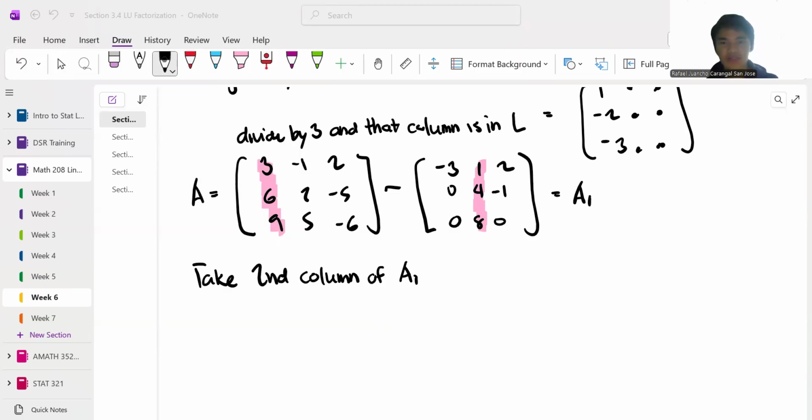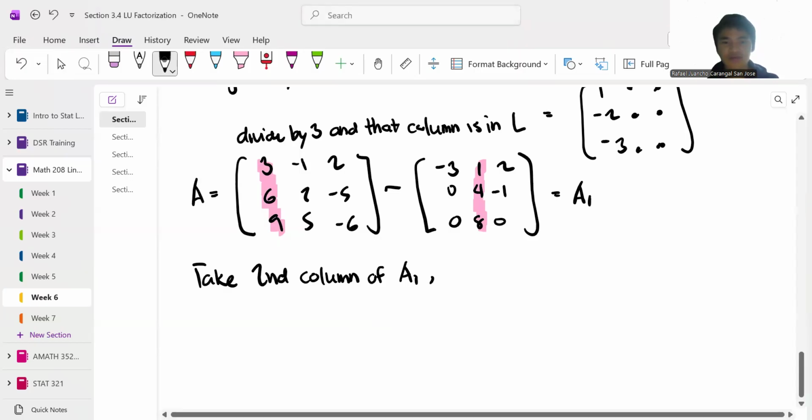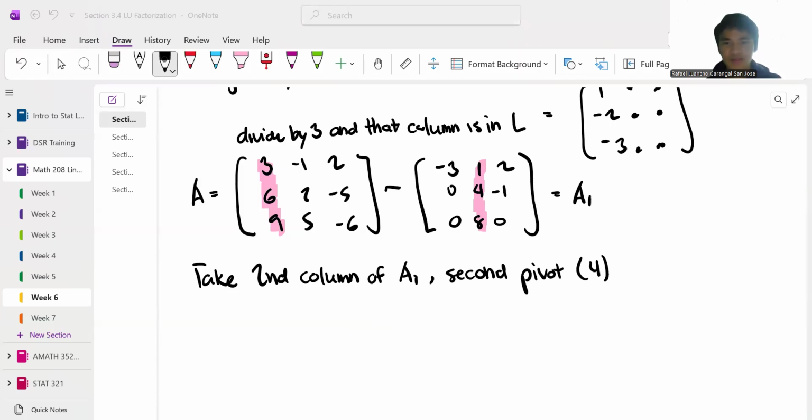So once you somehow made this 0, we want to look at the second pivot. So in this case, 4, and divide each entry by the pivot.